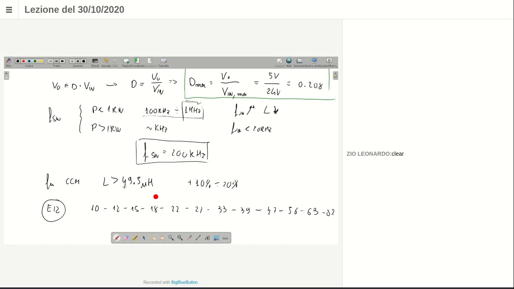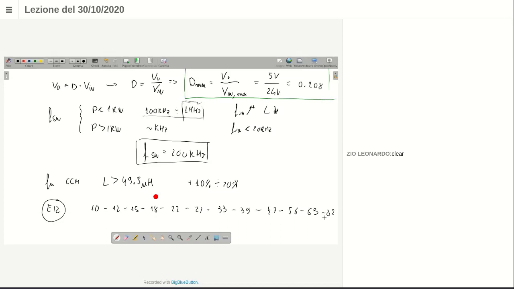So you cannot find, of course, an inductance of 50 microhenry or 60 microhenry. You can choose an inductance with values which are taken from this series.